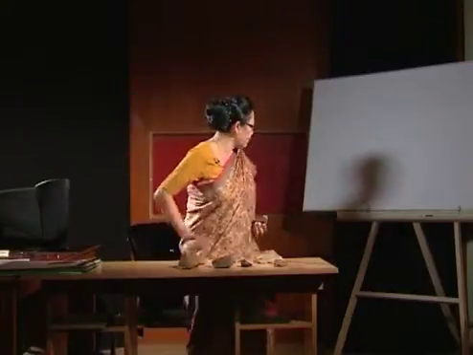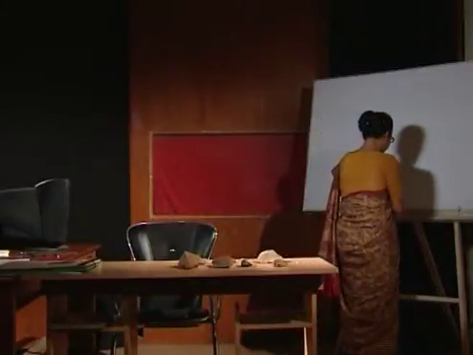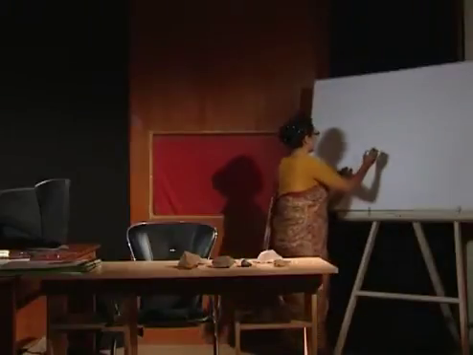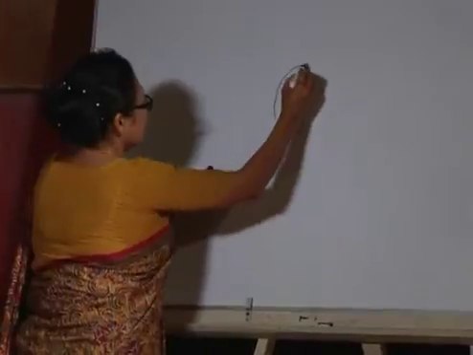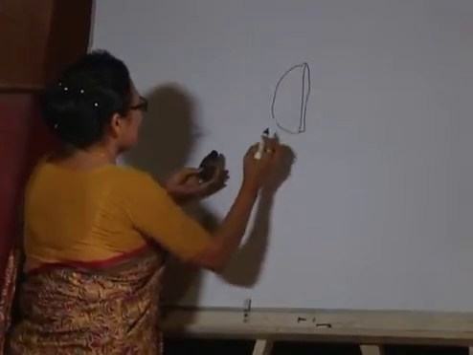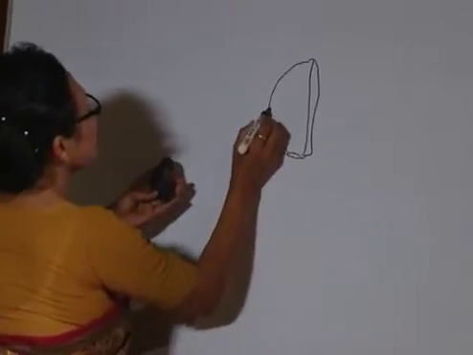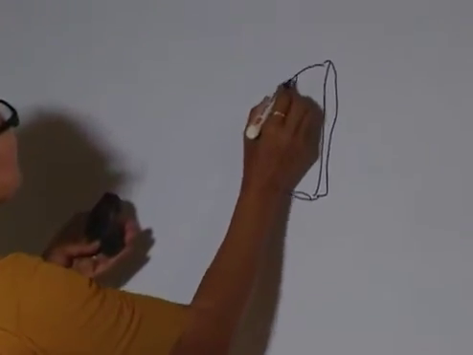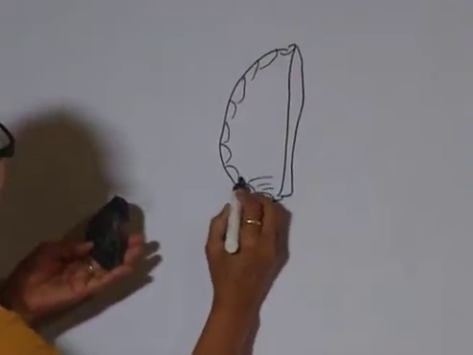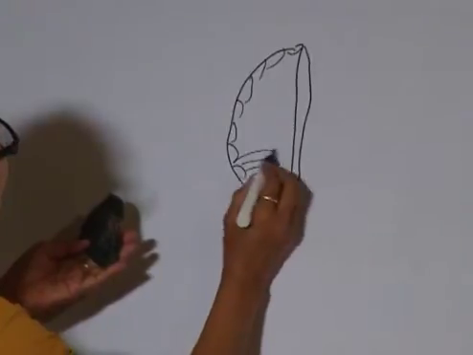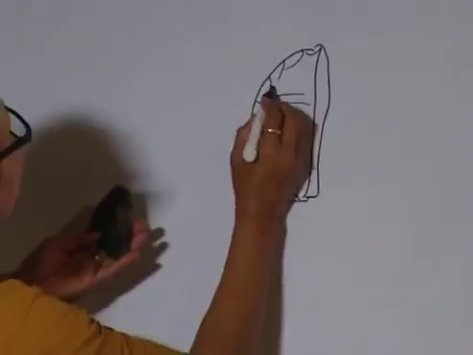Let's see an example here. This is somewhat in this way, and these are the secondary flake scars, and this is the primary flake scar. It is represented by slightly curved lines.